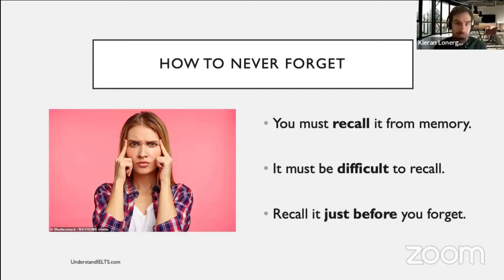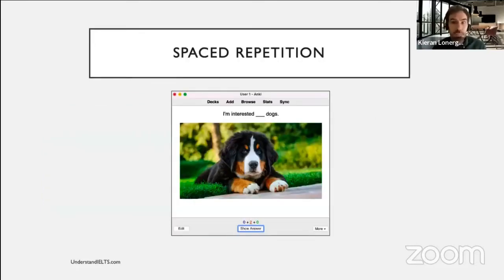Anki does this because it decides when you review your cards, so that you review that new piece of vocabulary just before you forget it. And that's basically what makes Anki so powerful. And it does this using something called spaced repetition.